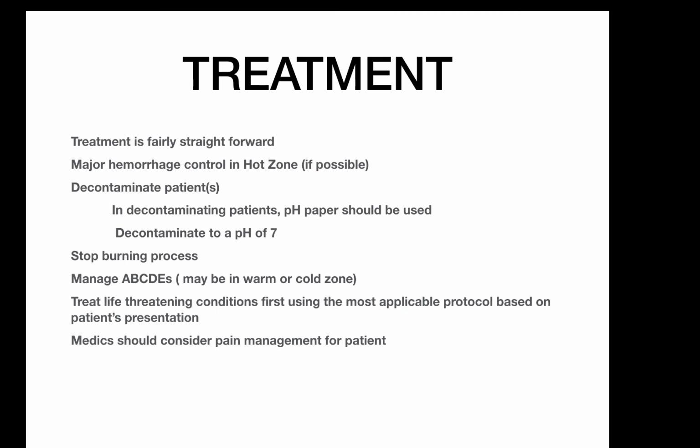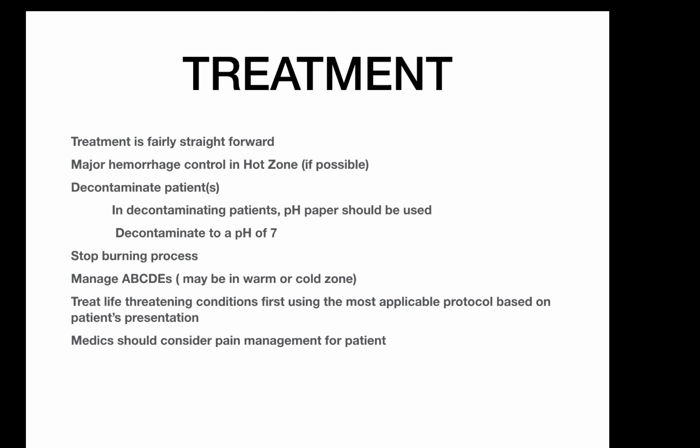For decontaminating patients, pH paper should be used. For instance, if it was a localized exposure, maybe in a chemistry lab, somebody had an acid splash in their face, they did the whole emergency shower thing, you should get some pH paper, and you want to make sure that pH is getting as close to 7 as it can.